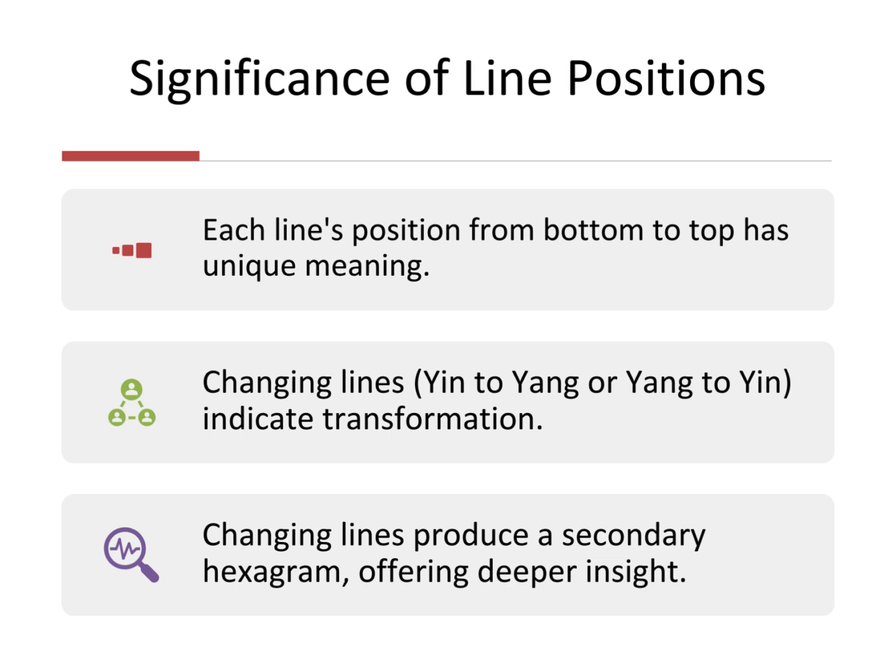Significance of line positions. Each line's position from bottom to top has unique meaning. Changing lines, yin to yang or yang to yin, indicates transformation. Changing lines produce a secondary hexagram, offering deeper insight.